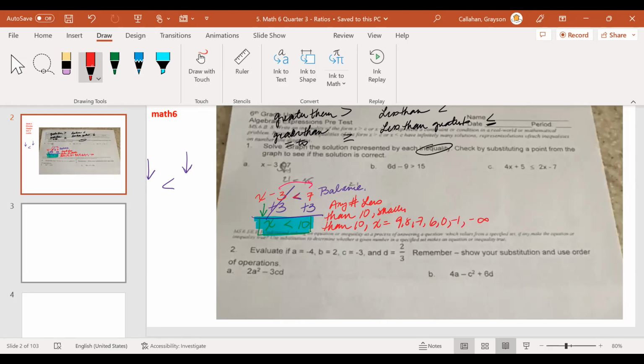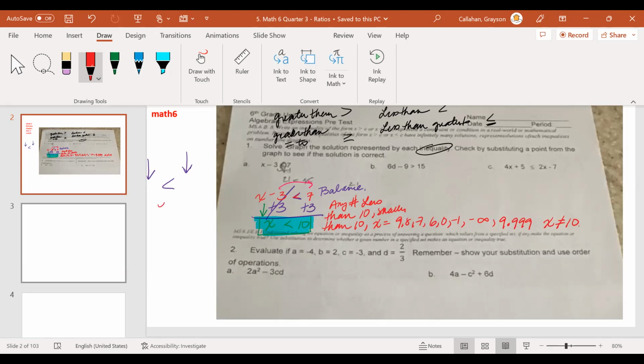Do you see that? It could also be 9.999 because technically that number is less than 10, but it cannot equal 10. It has to be smaller than 10. Does that make sense? That's what the less than or greater than means, okay? So your answer could be any of the numbers smaller than 10.